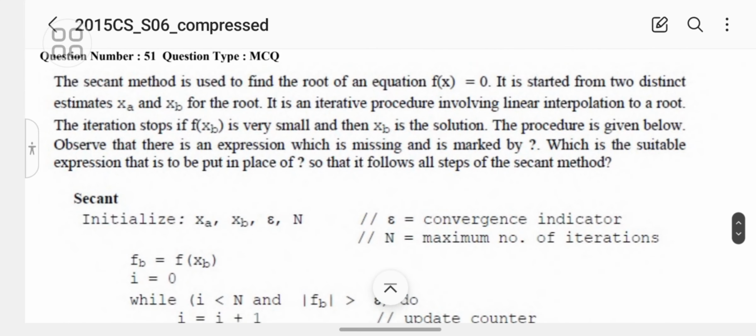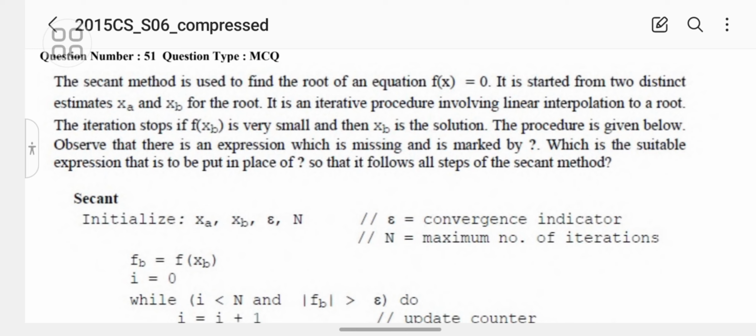51 is the secant method is used to find the root of the equation f(x) equals 0. It is started from two distinct estimations xa and xb for the root. It is an iterative procedure involving linear interpolation to a root. The iteration stops if f(xb) is very small and then xb is the solution. The procedure is given below.